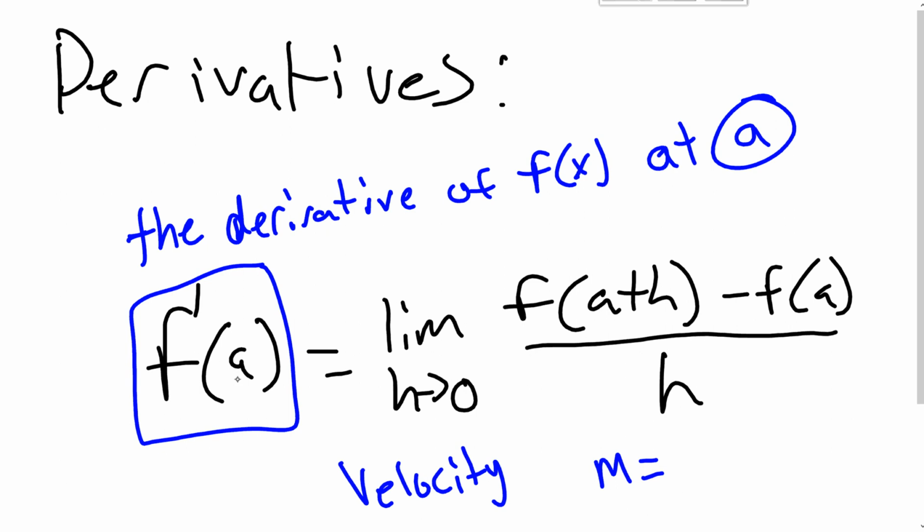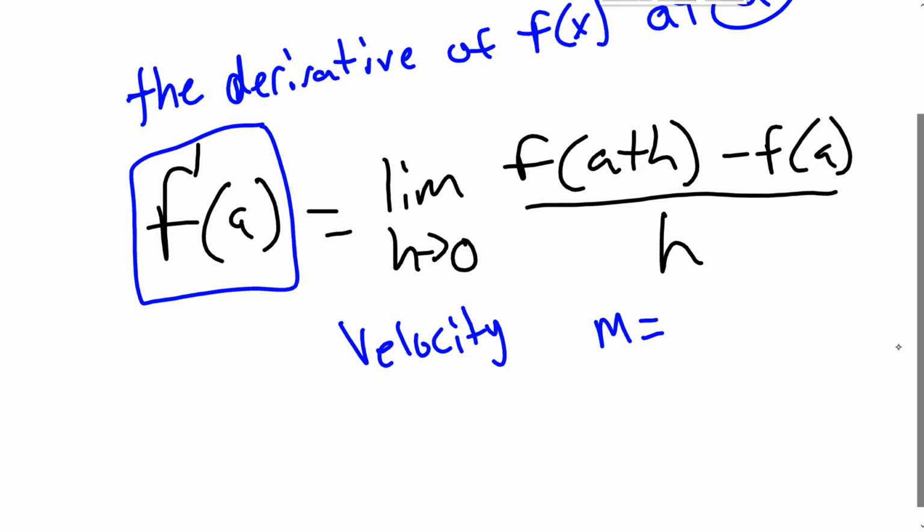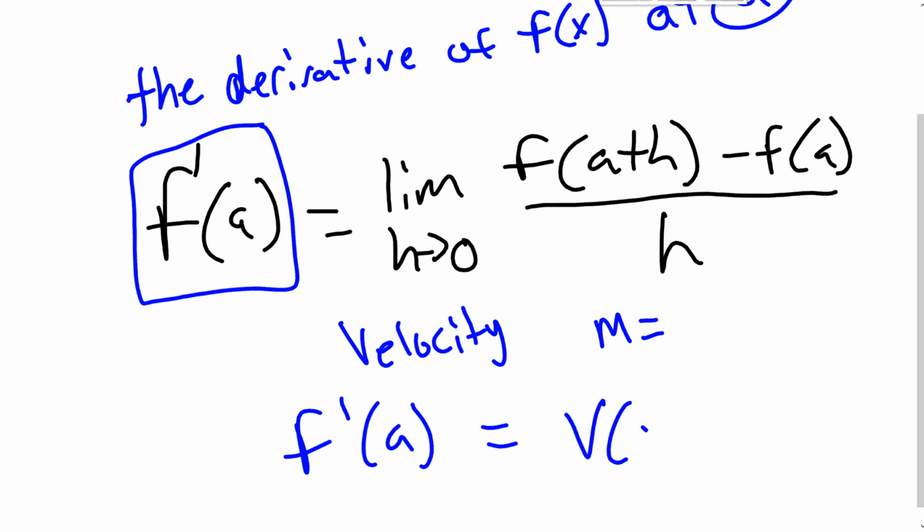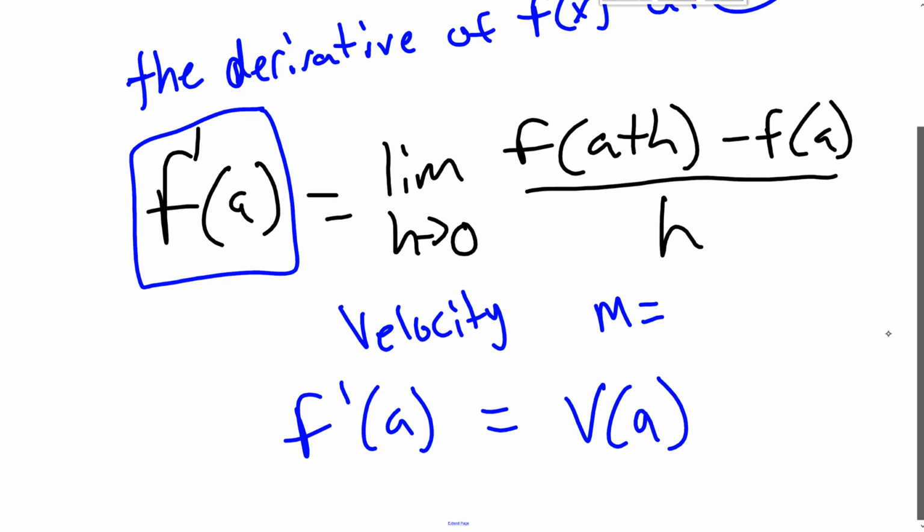So that's what f prime of a means. Since it's velocity, it's the instantaneous velocity. So f prime of a is actually equal to the velocity at a, or the slope at a, though that notation is probably totally wrong.